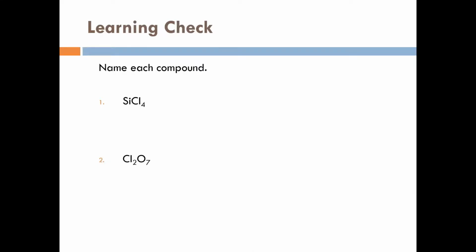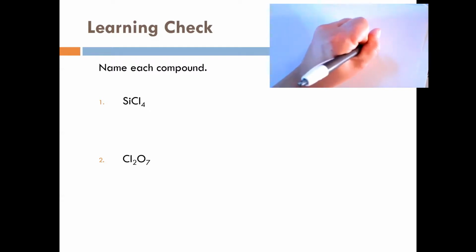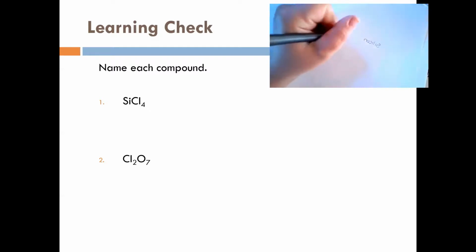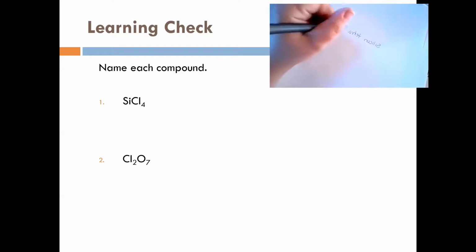Let's name the rest of them. We have SiCl4 and Cl2O7. So take a moment and try. Si is silicon. 4 means tetra. And Cl is chlorine, which becomes chloride.